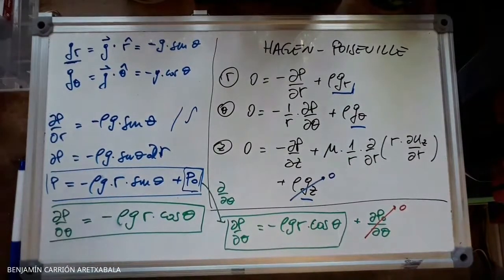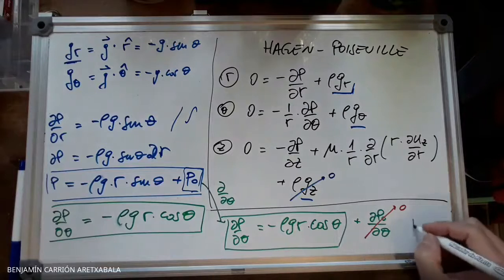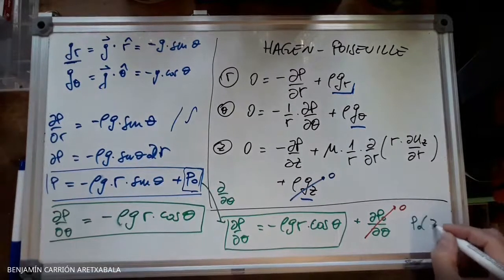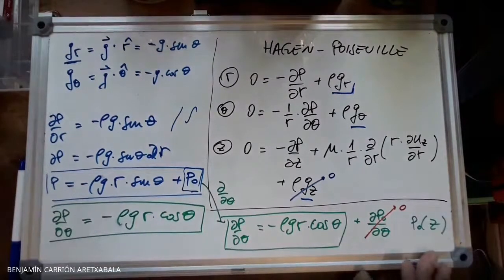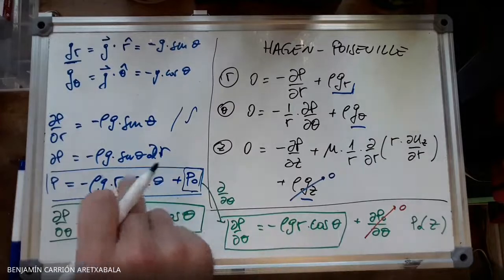It means that it doesn't change with theta. So P0 is a function of z only. It only depends on the position along the tube, right? It can't depend on r because we already integrated on r.